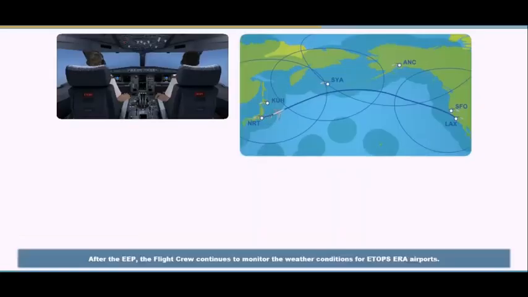After the EEP, the flight crew continues to monitor the weather conditions for ETOPS CRA airports. However, if the weather degrades below normal minima, the flight may continue as planned.